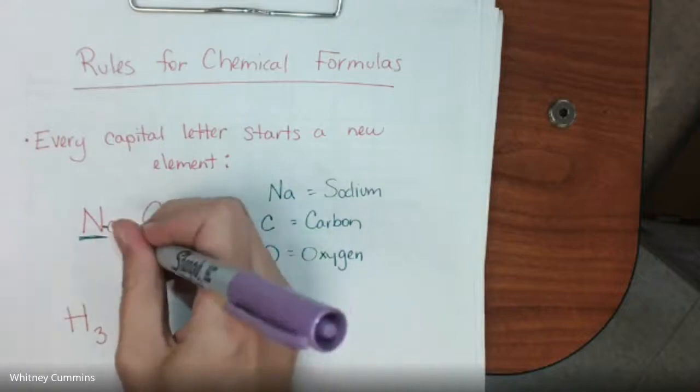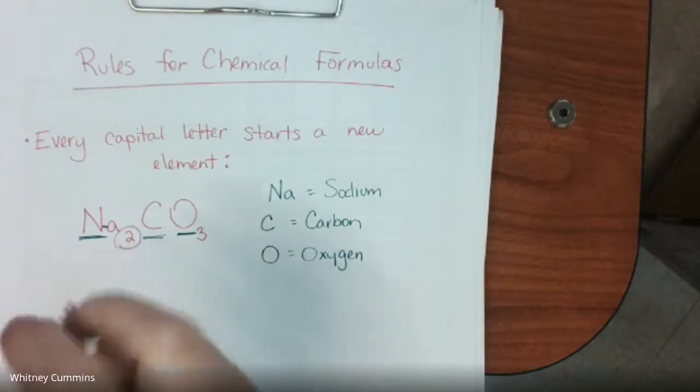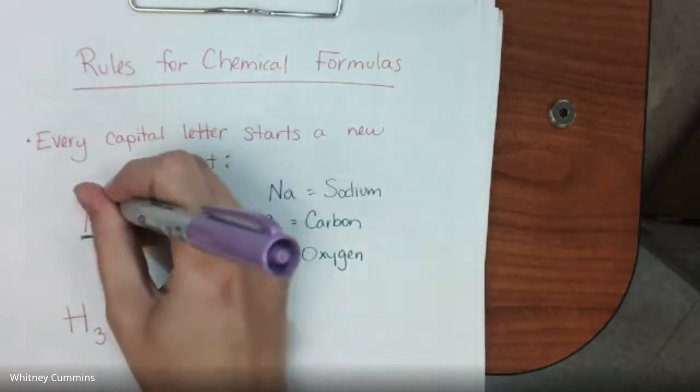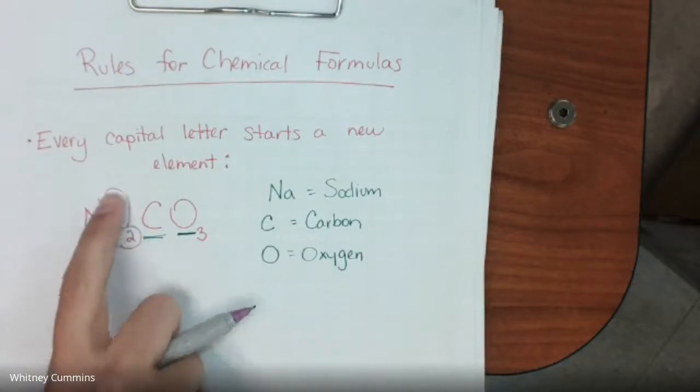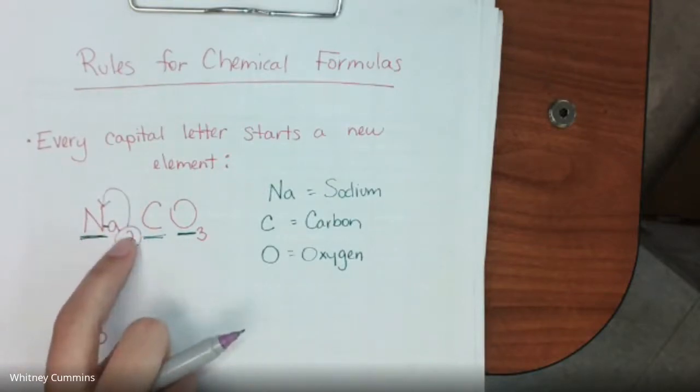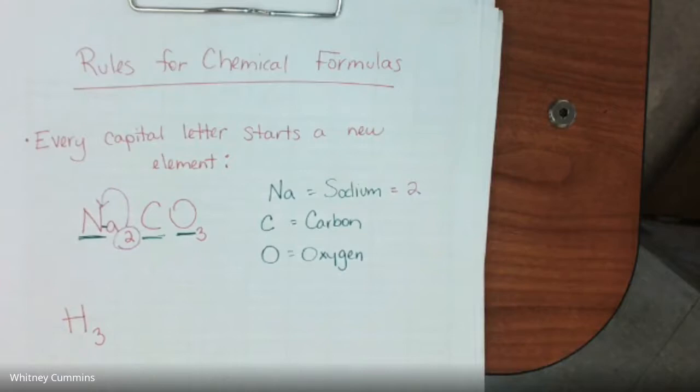So this number right here is a number 2. This little 2 tells me how many of this thing I need. It always follows what it's coming after. So it tells me that I have 2 of these sodiums. That's all it tells me.